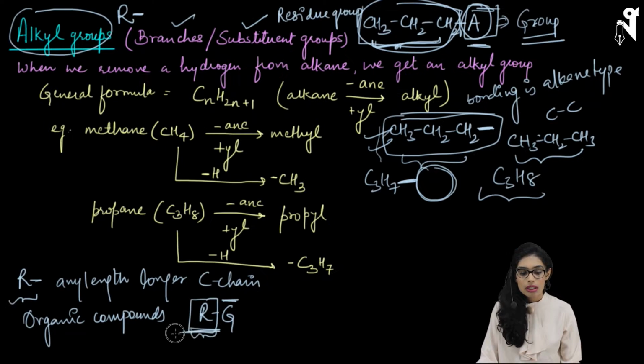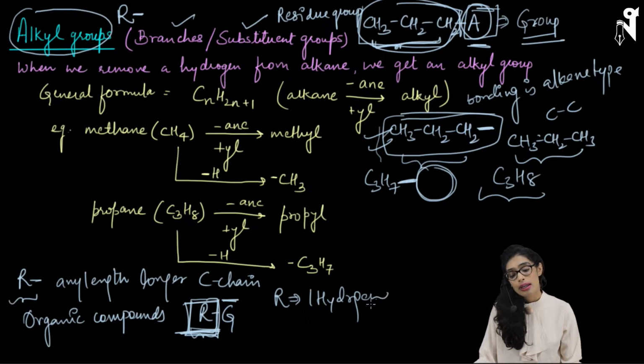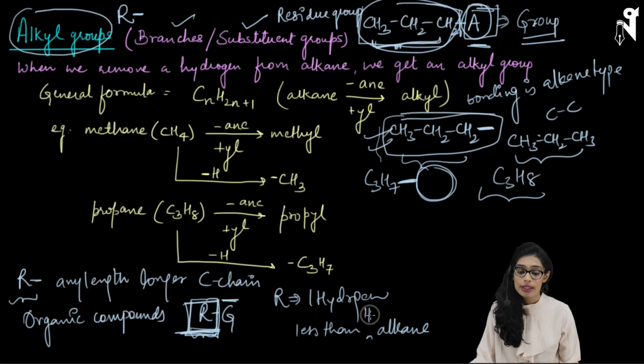So this part of your organic compound is called the alkyl group, and this R will always have one hydrogen less than its respective alkane.